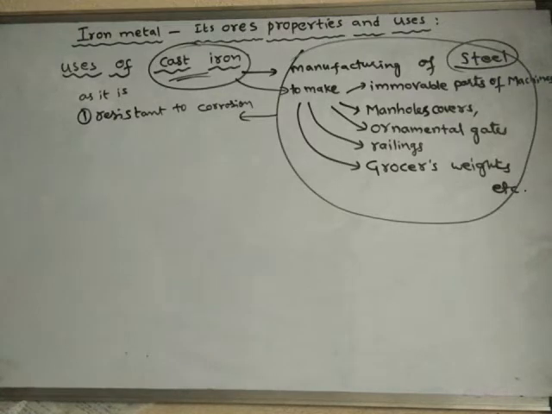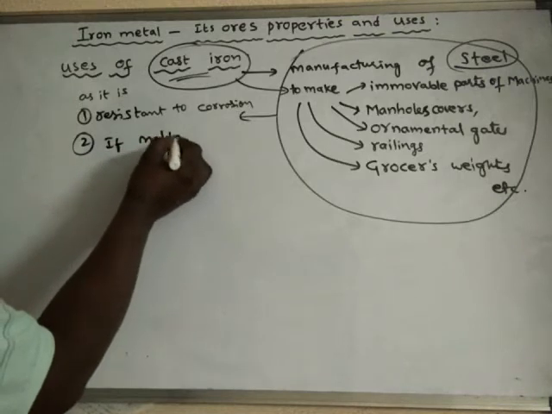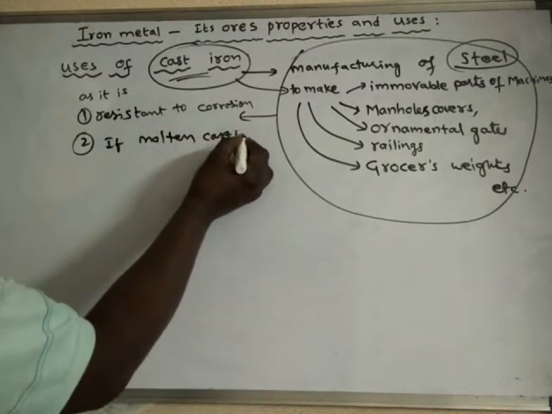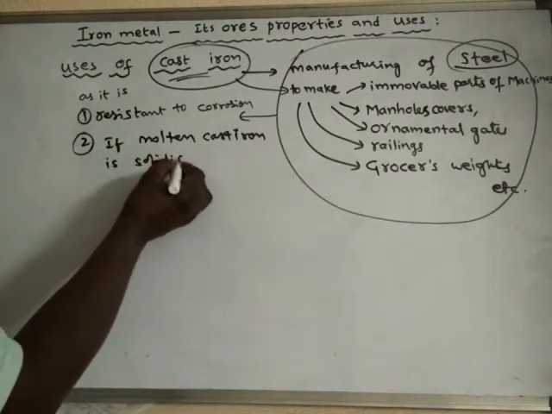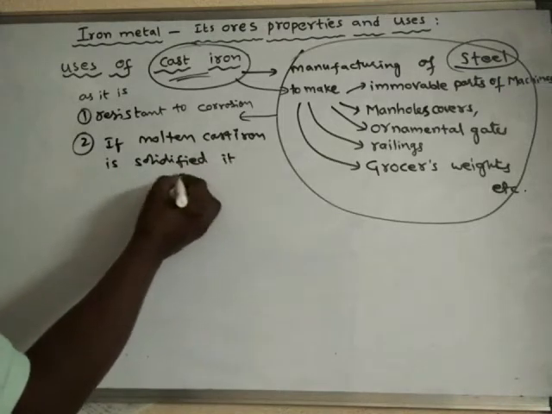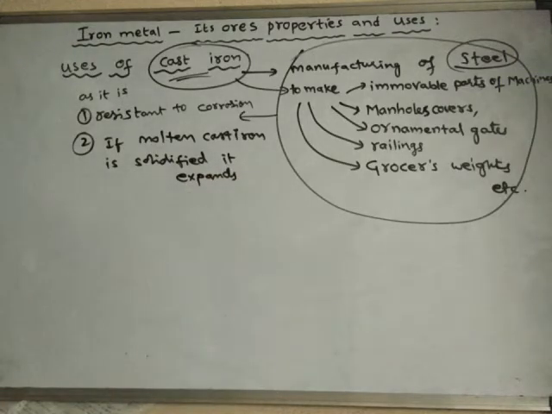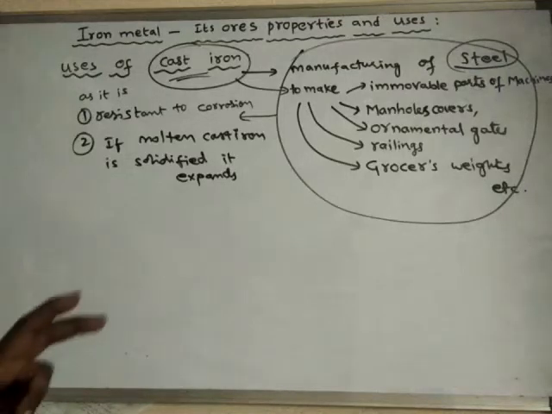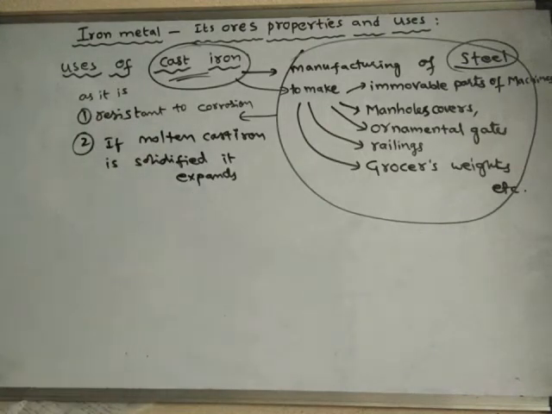Also, if molten cast iron is solidified, what happens? It expands. Generally, when a molten metal is solidified, it contracts and becomes smaller in size. But cast iron expands upon solidification.